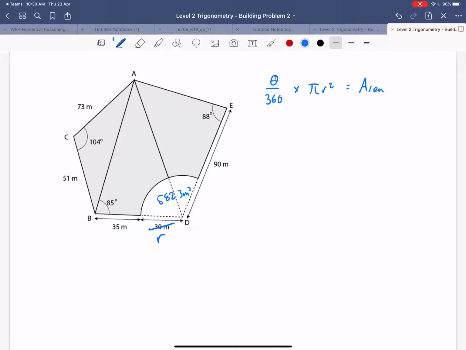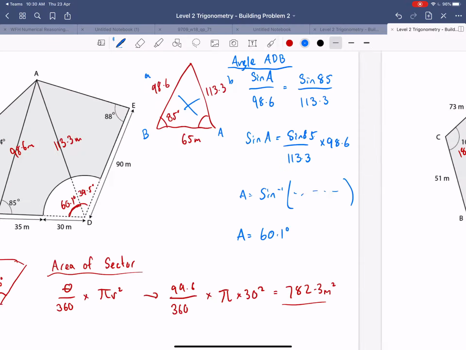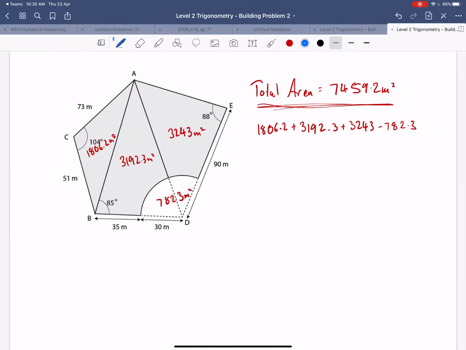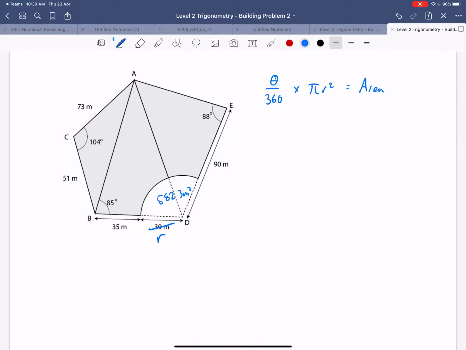Okay, so I do know my theta. My theta is 99.6. So 99.6 over 360 times pi. I don't know my radius, it is just r at the moment, and my area is now 582.3 meters squared.